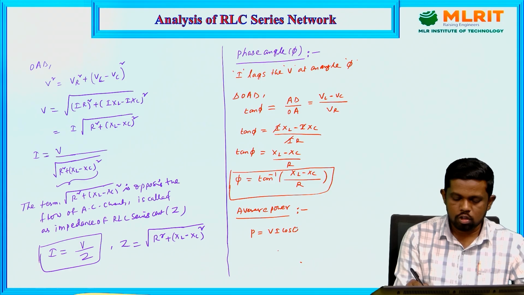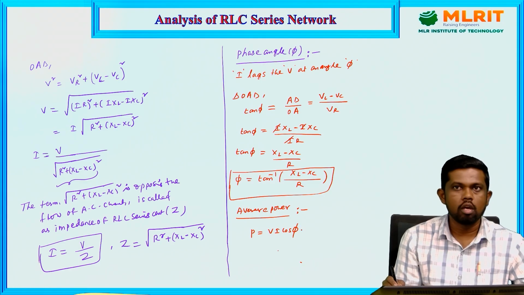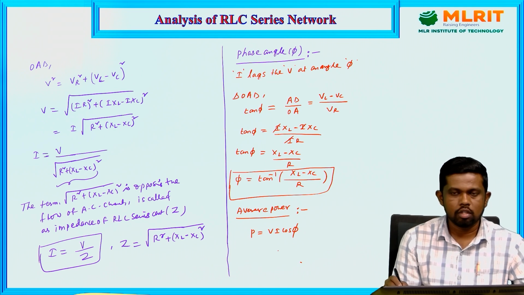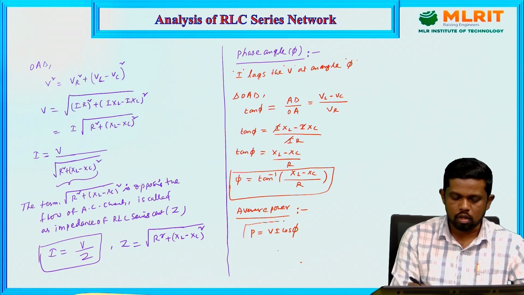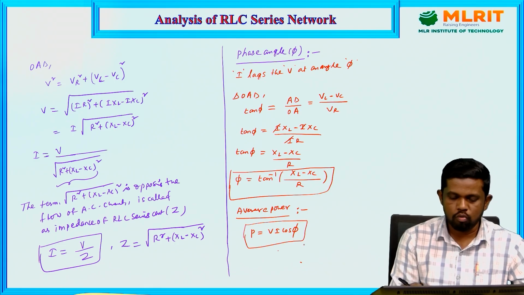Why? Because in the pure inductive case, the average power consumed by the network should be 0, and similarly for the capacitor it is also 0. Due to the resistance added to the LC series circuit, the average power taken by the whole circuit should be the active power only, that is VI cos phi. So this is P equal to VI cos phi.